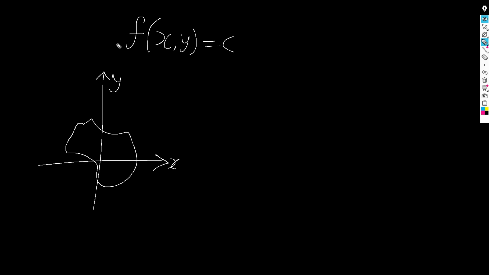Alright, so let's say that the equation f equals c, for c in R, represents a level curve of f in its domain. So say this is the graph of f equals c.